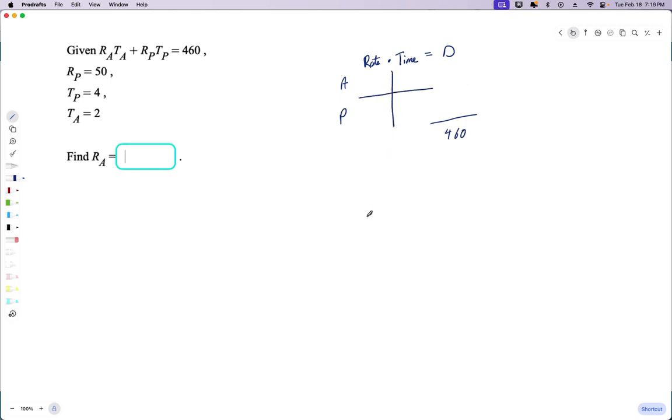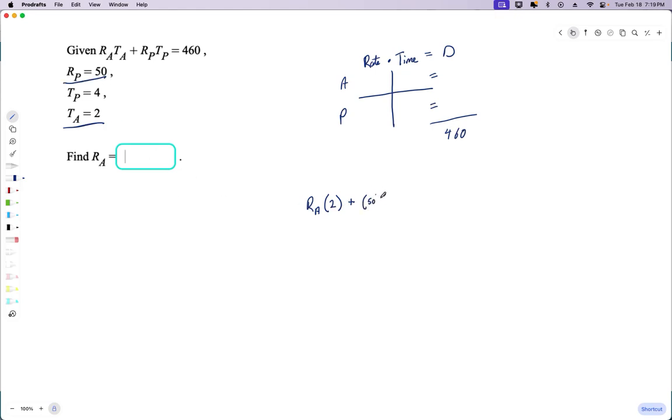So we got 4 bits of information that we need to fill out. And we're going to check our work by making sure they add up to 460. So let's start by filling in the information. So RA, we don't know what RA is, so we leave it alone. TA, it tells us, is 2. So RA times 2 plus, and it tells us RP is 50.